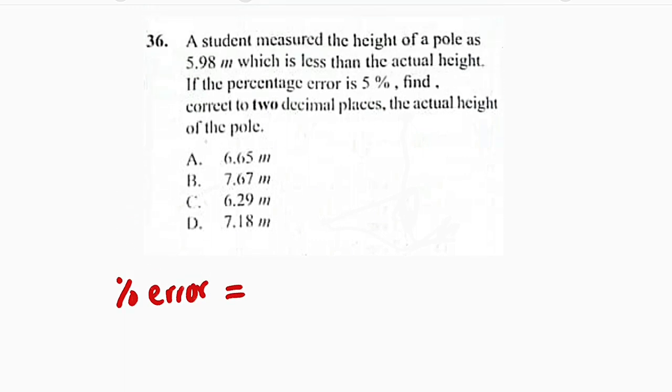But according to this question, the actual height is greater than the estimated height or the wrong measure. So we can say that x minus 5.98, this is the absolute measure because we want it positive, divided by the actual measure, which is still x, multiplied by 100%.